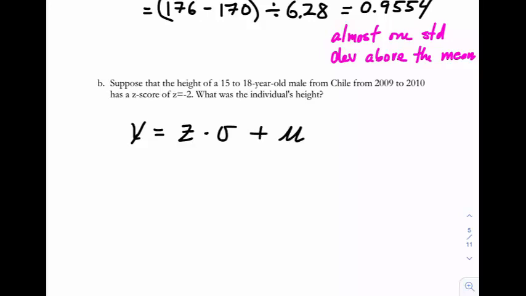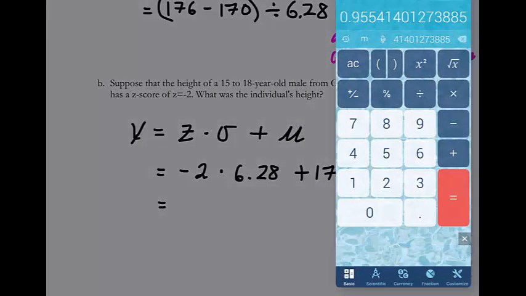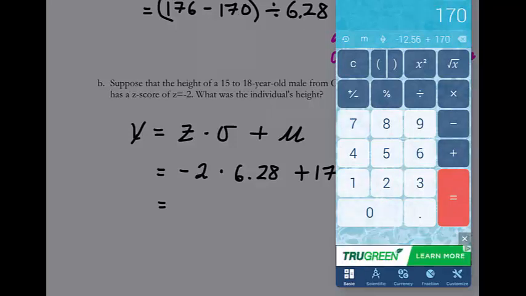So we fill in that z value, multiply it by 6.28, and then add the 170 centimeters. Let's grab a calculator: -2 times 6.28, plus 170. And there we go, we got 157.44 even.